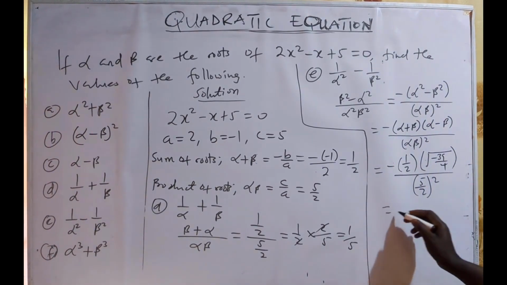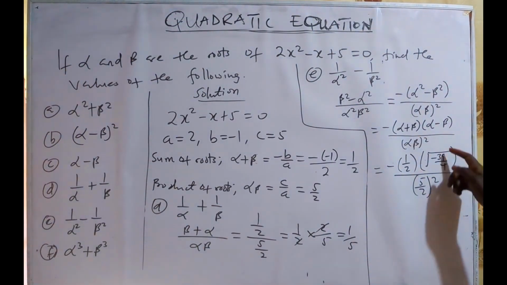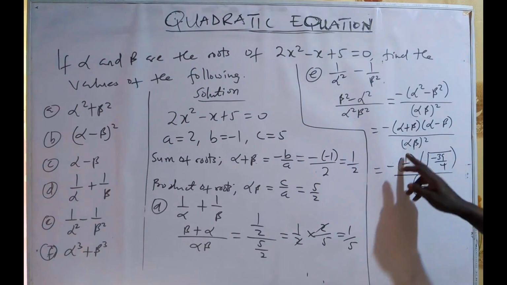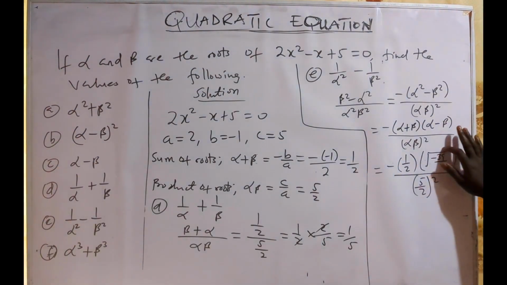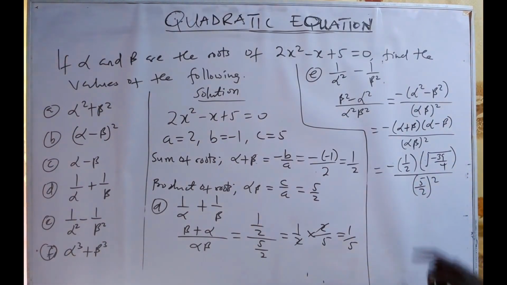Okay, so when you look at the question, because of the negative square root here, you can have minus 1 over 2 times the negative square root, and then we have this one as 25 on 4.